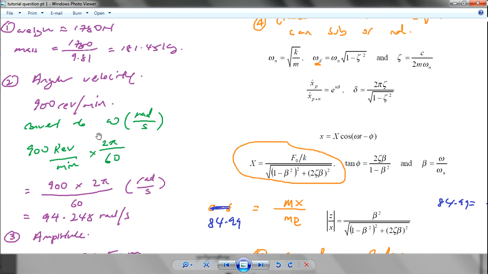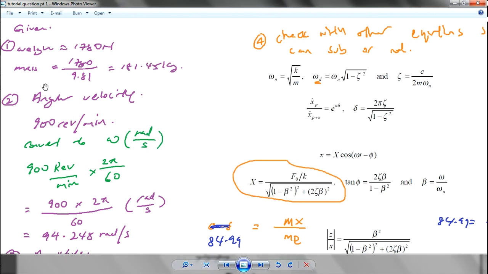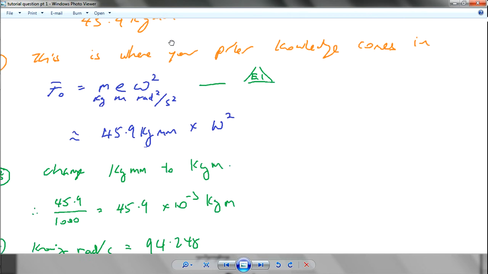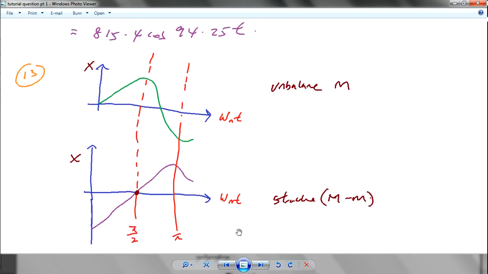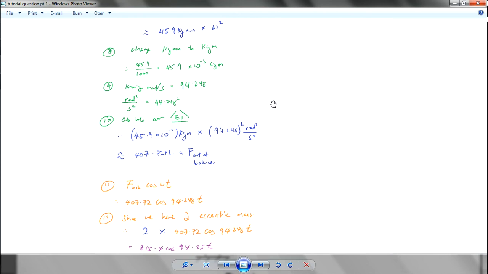You also need to change to mass. So you need to practice real hard to do it very fast. These are all the stuff, and I think the basic concepts are there. So see you in the next lesson.